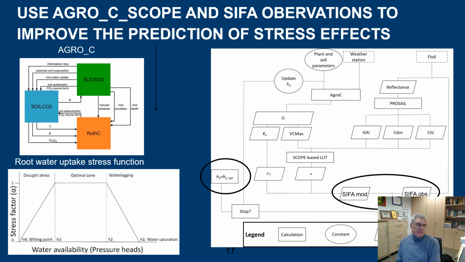We have this water stress function that tells us how water uptake depends on the pressure head, and we have an optimal zone which is equal to 1 with lines between the pressure head potentials h2 and h3, and we are typically interested in estimating this metric potential h3, which is typically unknown but which can be derived from fluorescence signals. And then we have a mathematical model with Agro-C and also a SCOPE-based model that allows us first to simulate the fluorescence and match this with the observed fluorescence from the measurement system. And what we do is we minimize the difference between what we model and what we observe by adjusting this h3 parameter. And this allows us to get better predictions of, for instance, net ecosystem exchange.